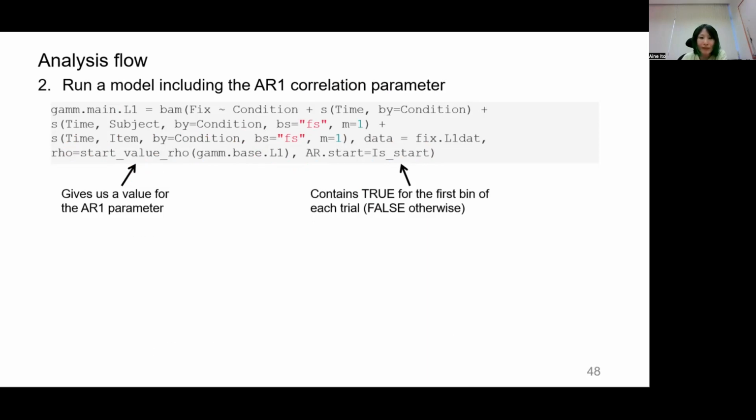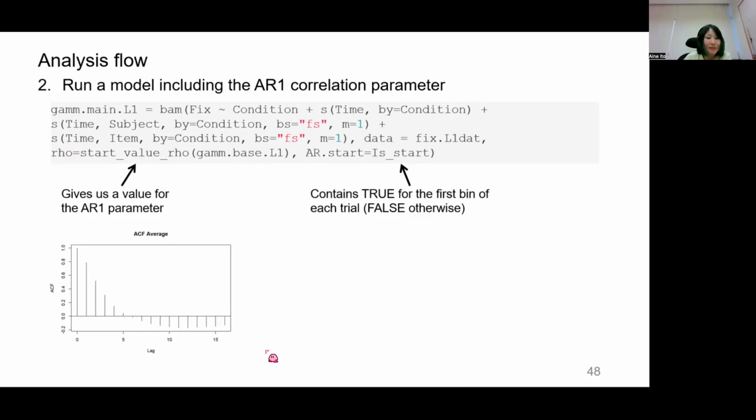If we do this, this is the data with autocorrelation in, and this is showing the correlation between the adjacent time points. On the x-axis, we are looking at the time lag. If the time lag is 1, we are comparing adjacent time windows, and if the lag is 2, then we are comparing, let's say, the first and third time bins, with one time bin in between.